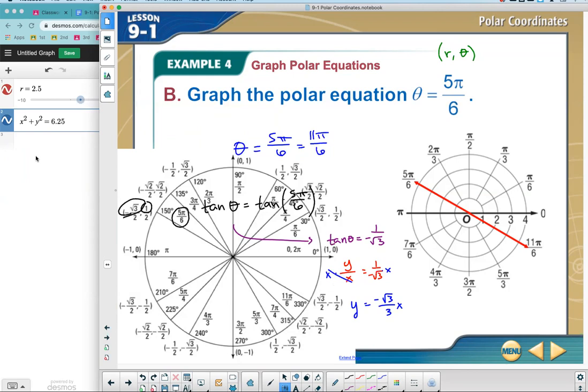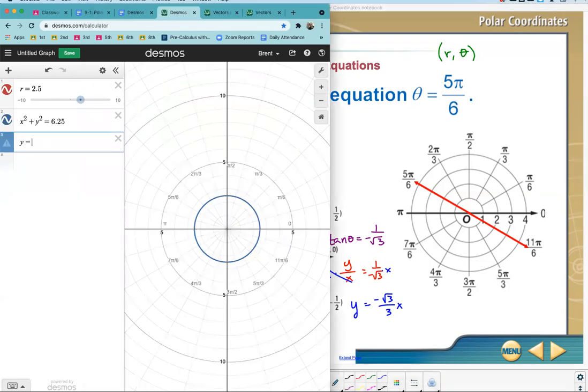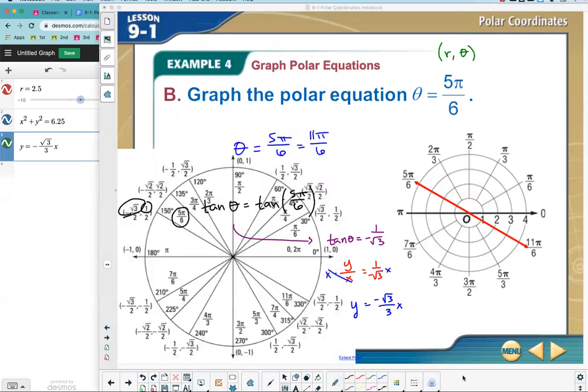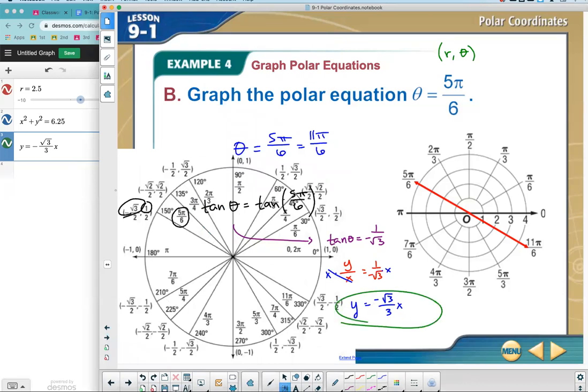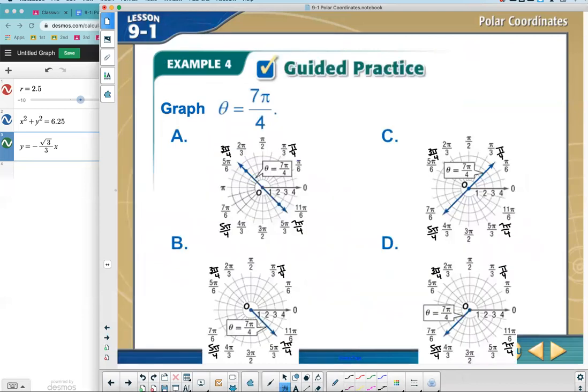That would be my equation. y equals negative square root of 3 divided by 3 times x. There's my equation. So not that you ever have to do that, but that's the algebra to get the graph. All right, with that, I'm going to let you discover which graph is true for theta equals 7 pi over 4. DOL number 4.